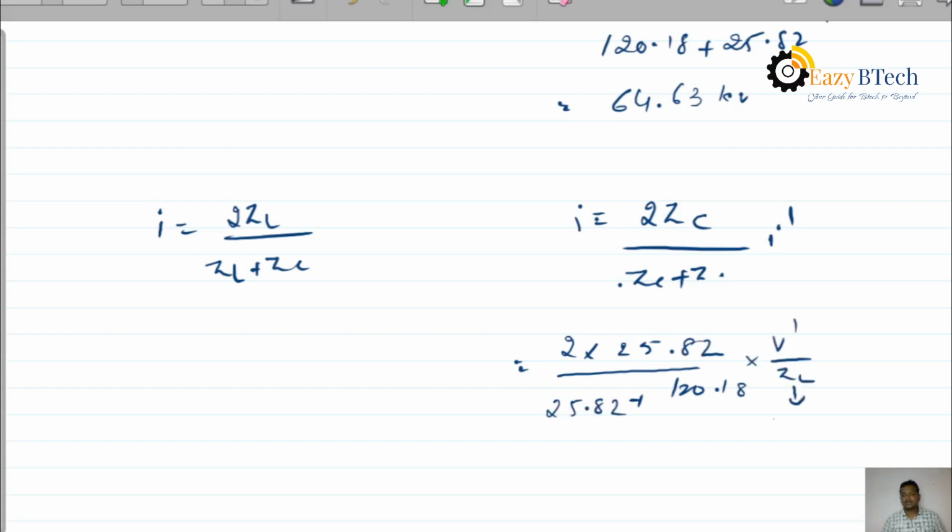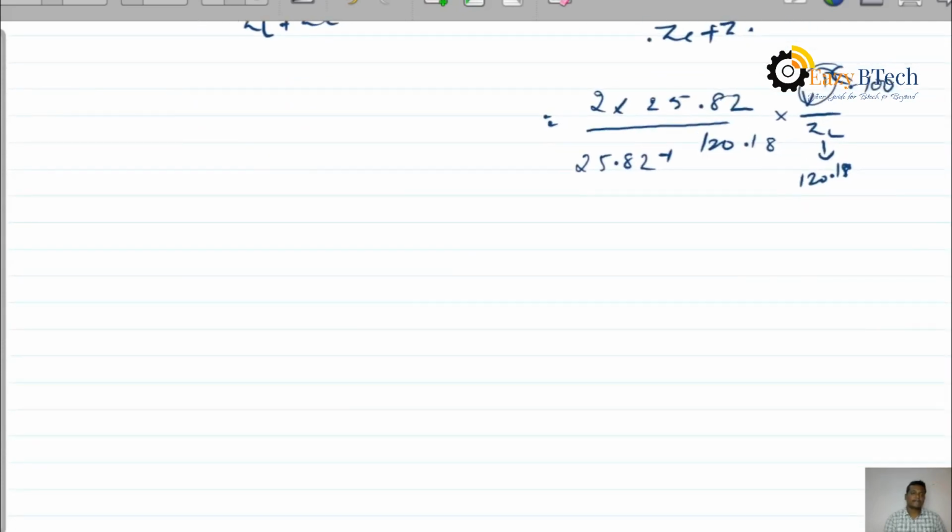ZL is 120.18 and V dash is 100. Therefore you get the current equals 1.369 kiloamperes.